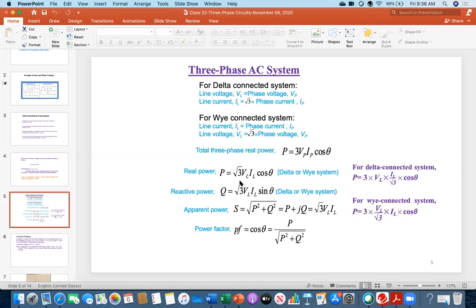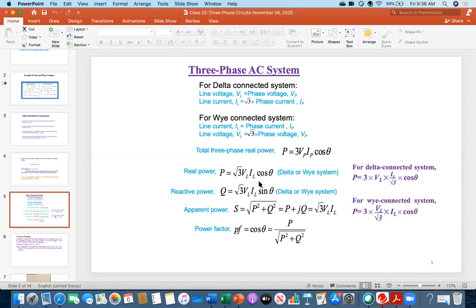So this means the difference between those two equations in real practice: for example, you purchase a three-phase motor, or whatever three-phase device, and you are looking at the specification or the ratings of voltage, current, power.